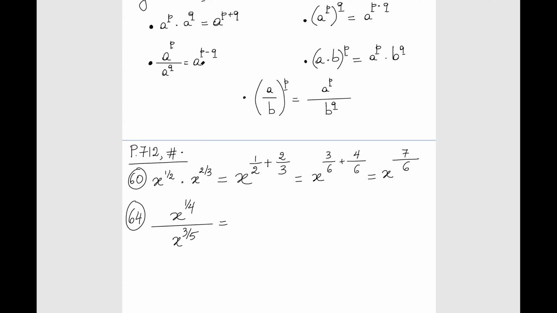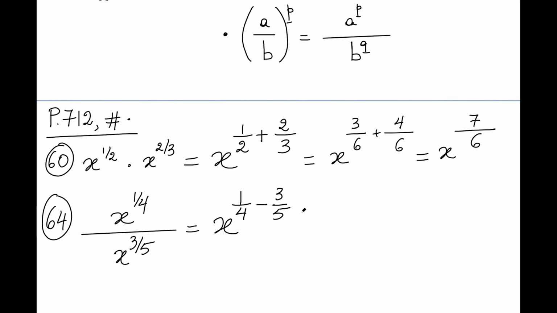So what I'm going to do is keep the base and subtract the power q downstairs, which is 3/5 here, from the power upstairs, which is 1/4. So because of this property, I can write x to power 1/4 minus 3/5. Correct? And this is because of property number 2.